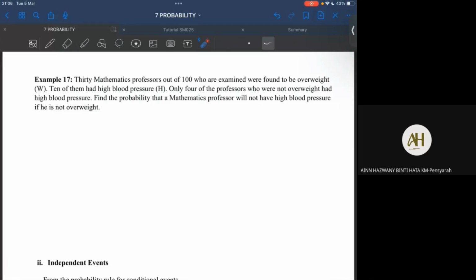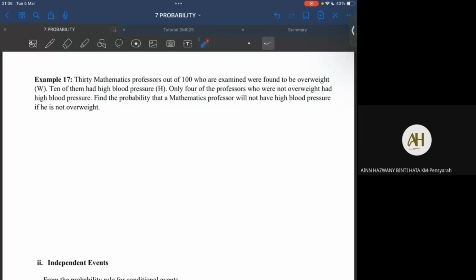So, 30 mathematics professor out of 100 who are examined were found to be overweight. 10 of them had high blood pressure. 4 of the professors who were not overweight had high blood pressure. Find the probability that a maths professor will not have high blood pressure if he is not overweight.